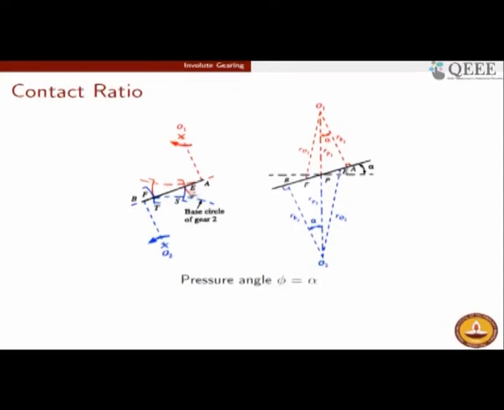So before the disengagement happens between this tooth pair, that is by the time this blue tooth has moved to this position, which is indicated by T, another tooth, the one which is following the tooth shown in this diagram, will take the position and start engaging. So we are trying to determine that condition, and that condition leads us to the concept of contact ratio. But as I said, let us do it step by step.